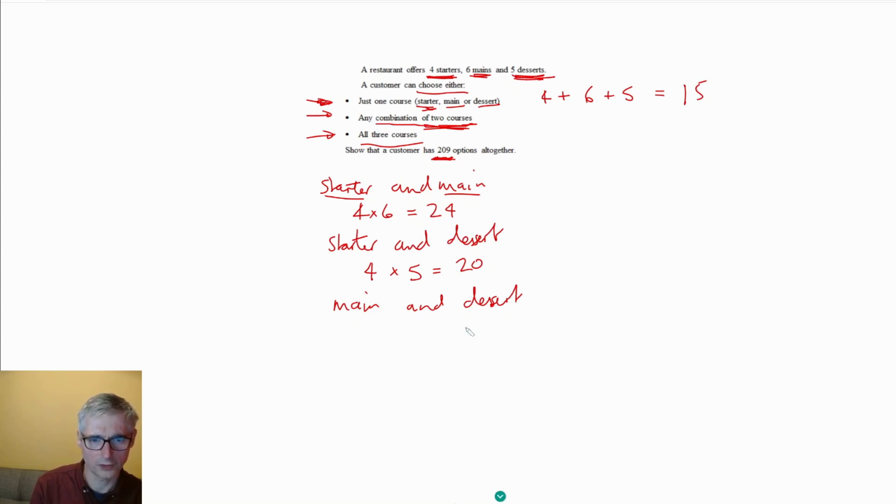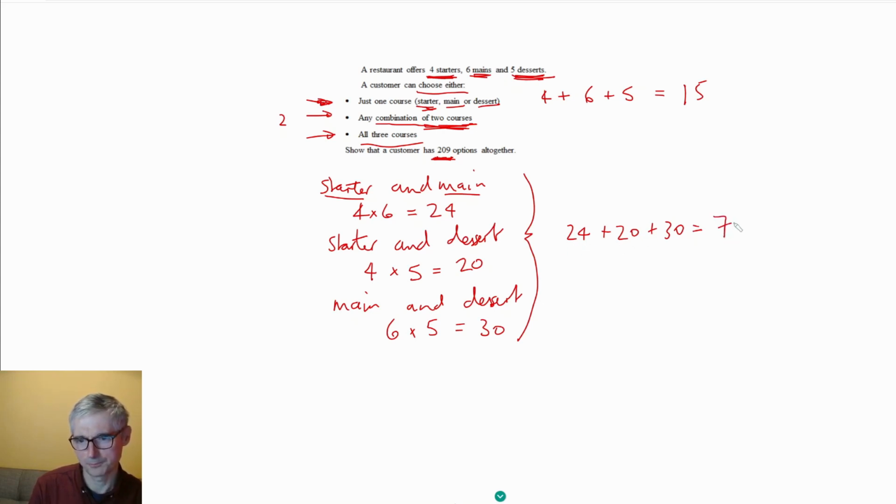So if we choose that, then what we've got is 6 options for main times by the 5 desserts, and that's 30. So for that one we can add all those 3. So if we go for option 2 there, 2 courses, then we can add them together: 24 plus 20 plus 30, and that will give me 74.